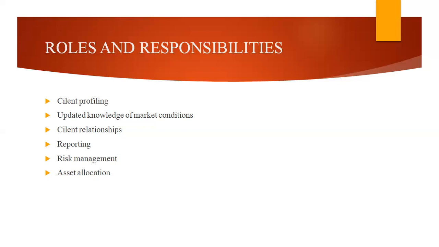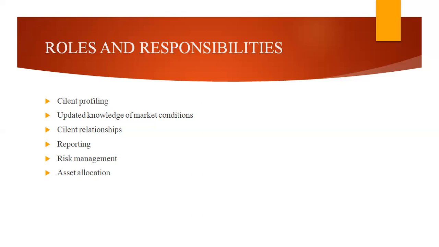So the next one is asset allocation. The portfolio manager is responsible for asset allocation. The investor's funds have to be allocated according to the needs of the client. Asset allocation is like diversification. We have to distribute the fund among different asset classes.